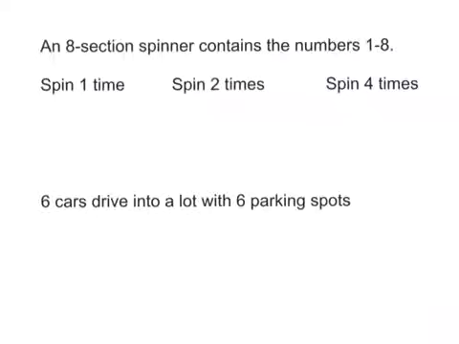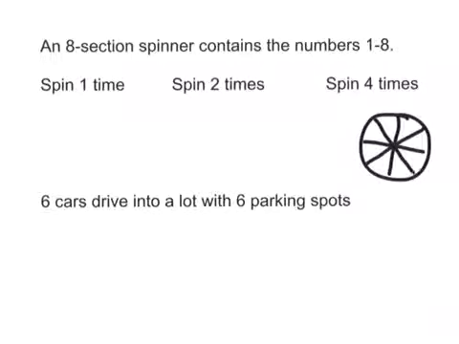So if we wanted to visualize, this is a spinner with 8 different sections, and they'd be numbered 1 through 8 to just help us visualize the situation. Alright, so if we're going to spin one time, well, that's just one spin. How many different outcomes are there? Well, there would be 8, and that would be it.